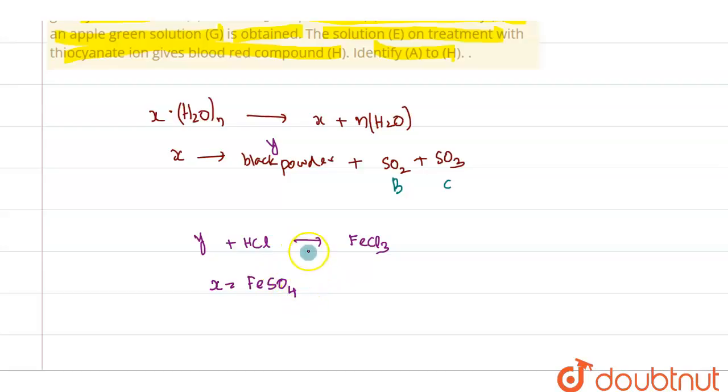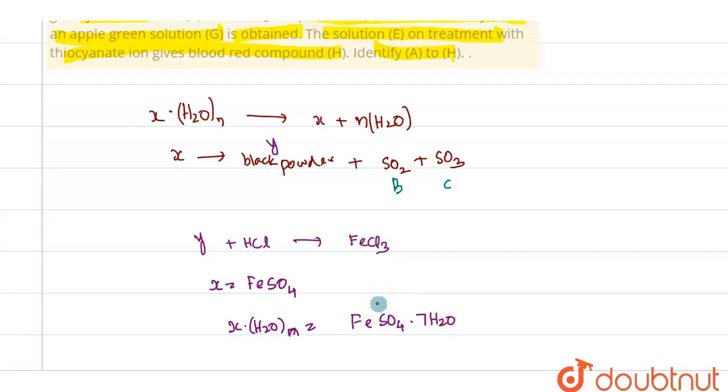So the hydrated form of ferrous sulfate will be FeSO4 dot 7H2O. This will be the initial compound.